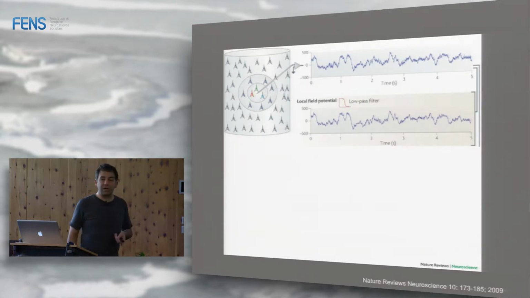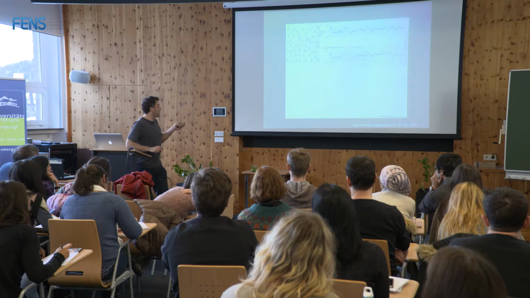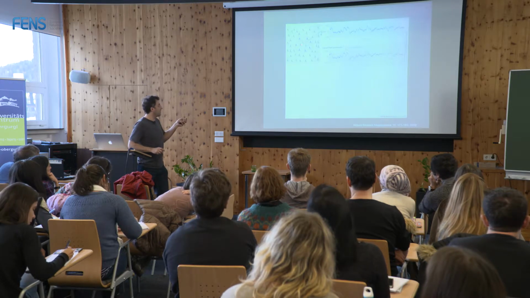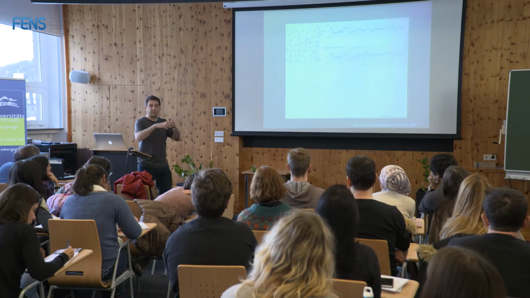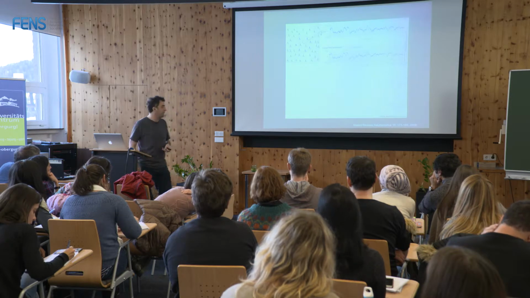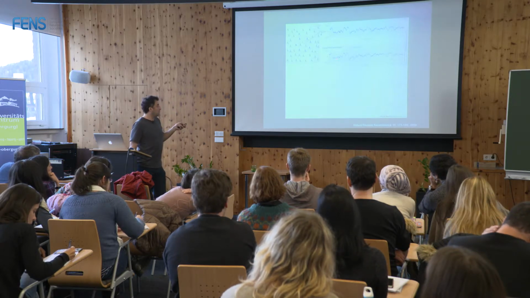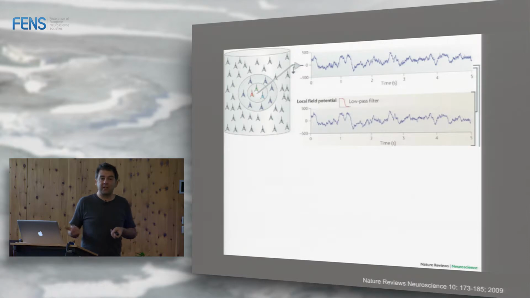This is what we call the local field potential. If you are old-fashioned, that's what we call intracranial EEG. It's local because it's recorded by a tiny electrode, so you get a local signal and not one from a huge electrode that records more average activity. Typically we analyze this signal for its frequency composition, the power spectrum, and whether we have some rhythmicity in the data, and so on.